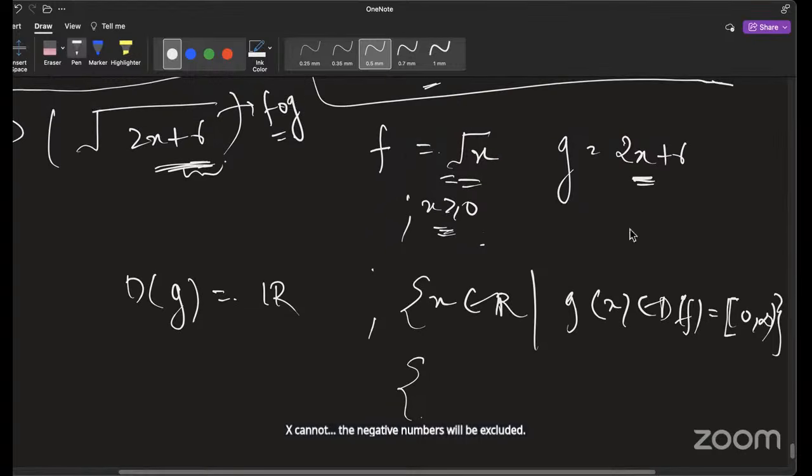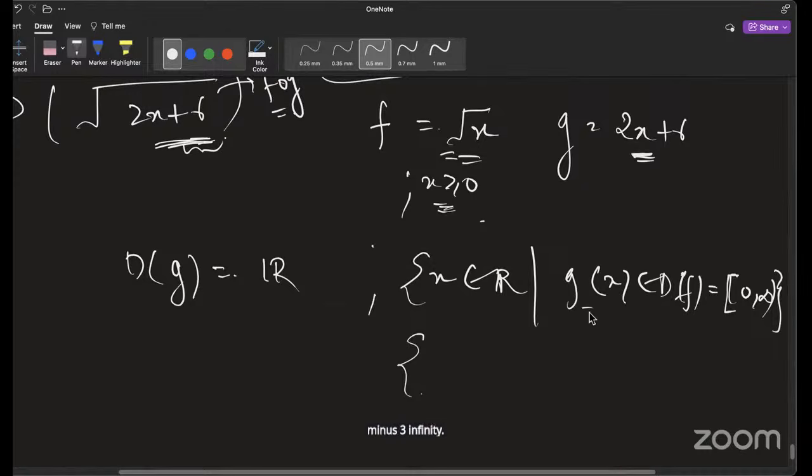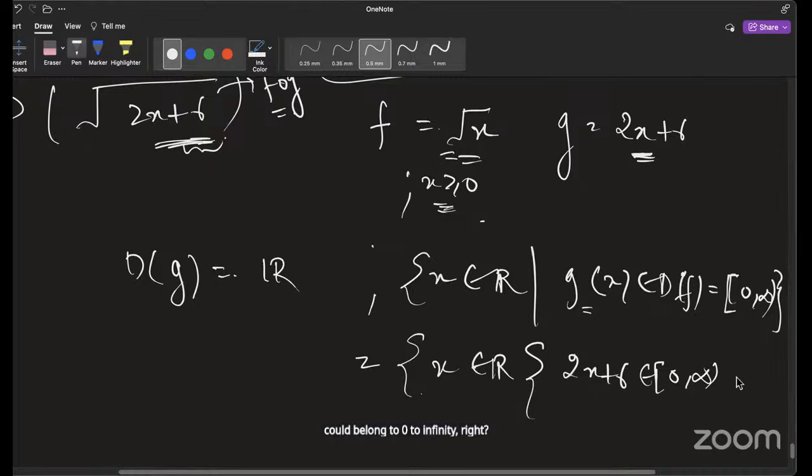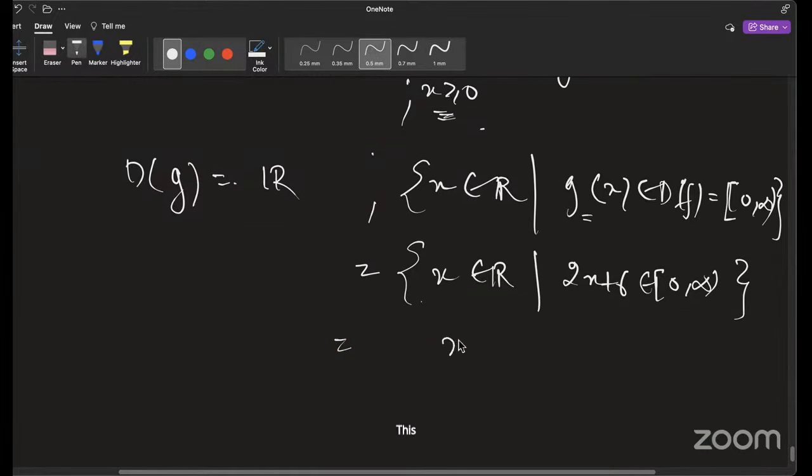So if you look at this gx, what you want is, what is gx? You can write this set as x belonging to R such that 2x plus 6 should belong to 0 to infinity, right? Yes, ma'am. This has to be greater than or equal to 0.